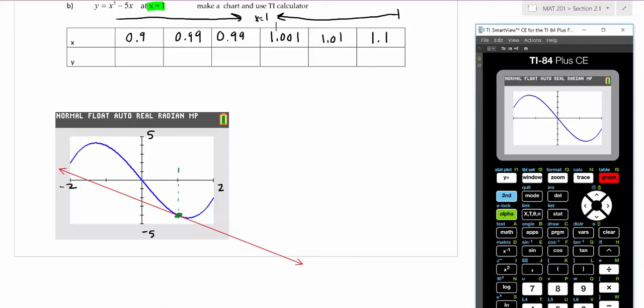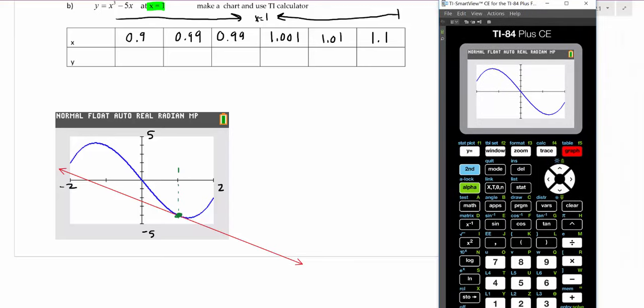And what we're going to do on this is a table, just trace this out. So I'm going to start at tracing at 0.9. That's going to give, in my table, 3.771. I'm going to trace at 0.99, getting a little closer to 1. So that's going to give 3.979701.